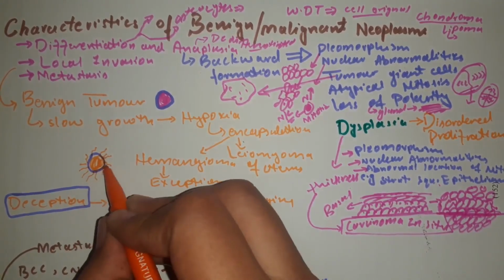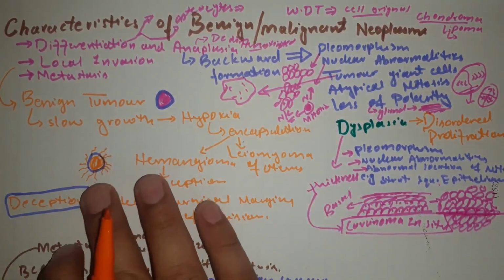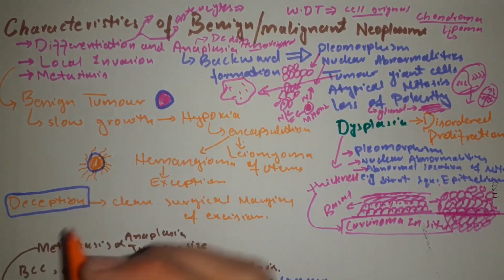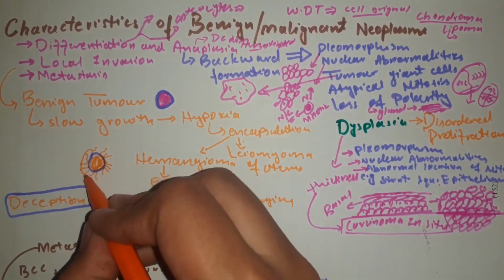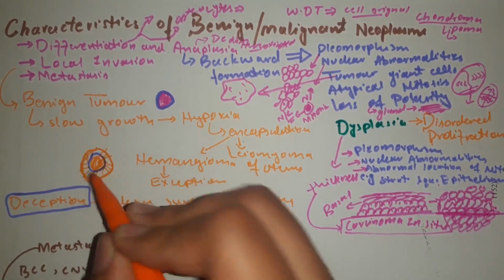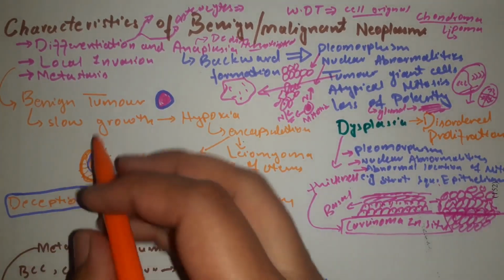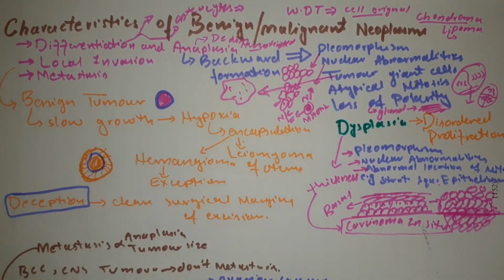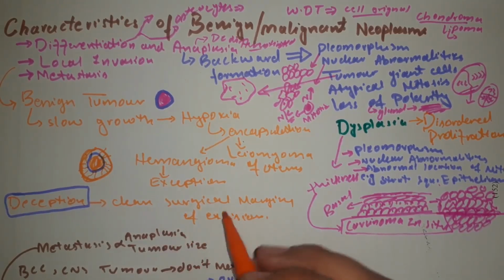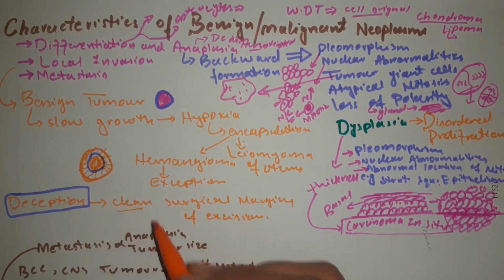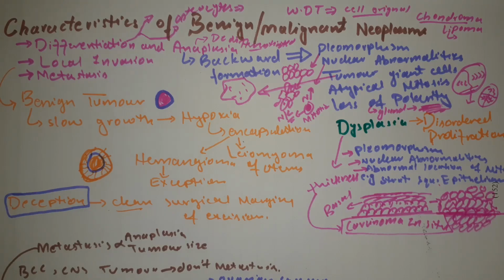So in case of a malignant tumor, when you surgically excise the tumor, it is always necessary to examine the margin of the excised tissue microscopically to observe these crab-like extensions. If there are extensions, then more tissue should be excised until the surgical margins are clear of these crab-like extensions. So it is the local invasion. Local invasion is also basically a property of malignant tumors, not of benign tumors.